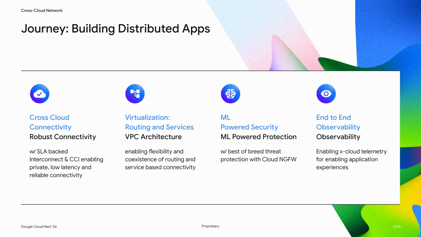This is the only cloud vendor to do this. We've expanded our interconnect footprint to more than 140 locations. And in a lot of these locations, we provide direct connectivity, dedicated bandwidth to another cloud. You get all the benefits of interconnect with this capability. You might have seen this already, and a lot of customers are already leveraging the cross-cloud interconnect. We continue to build on that capability as we go.